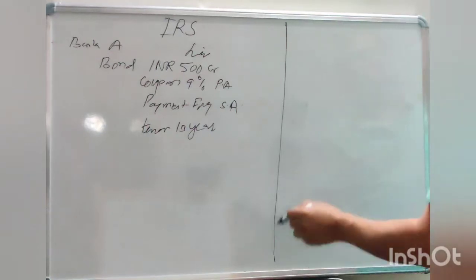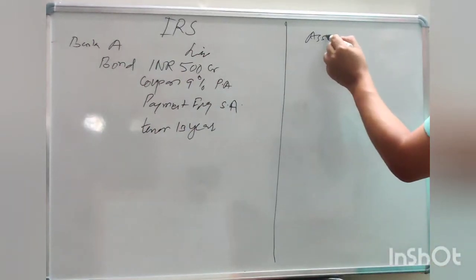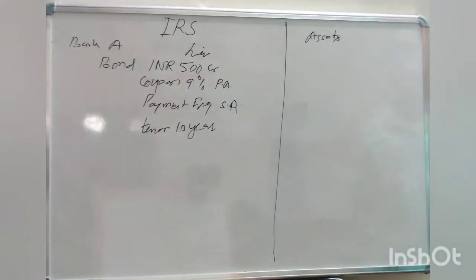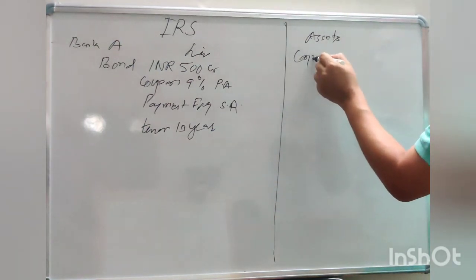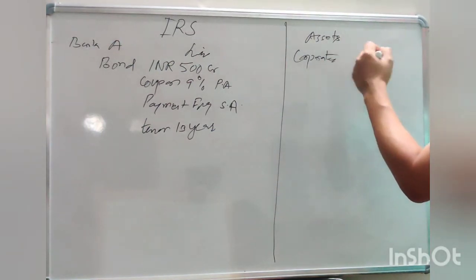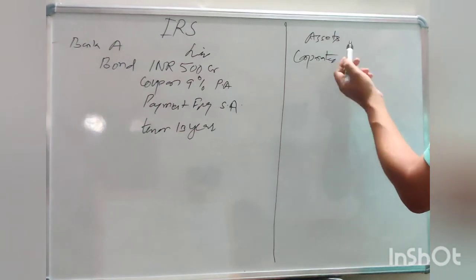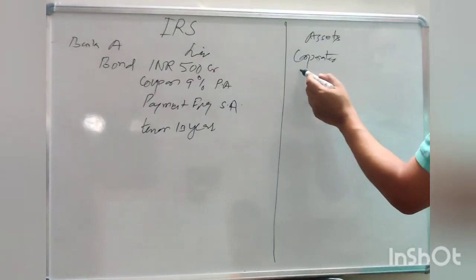Where are the assets? The bank's assets. Assets means the loans and the investments of a bank. And then on the asset side, they are lending to corporates, and their asset pool is giving them floating rate.